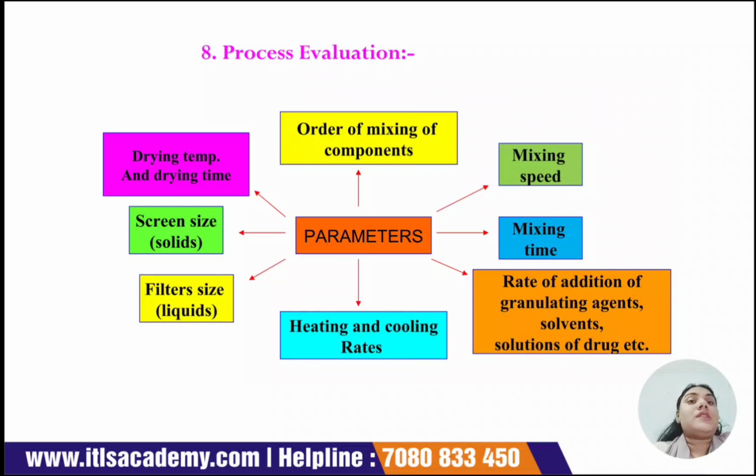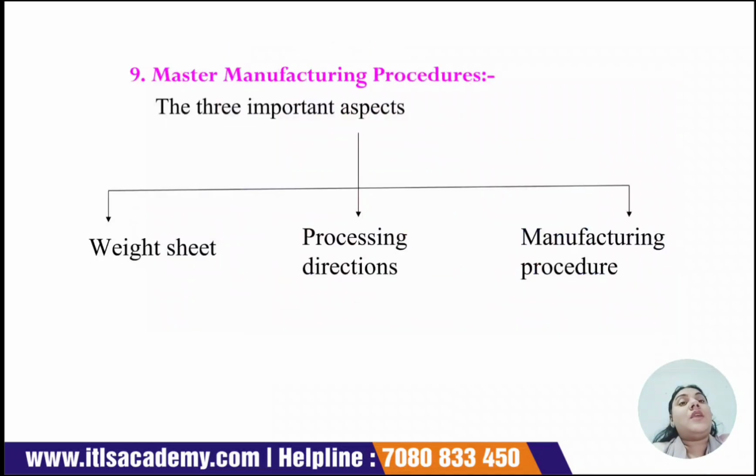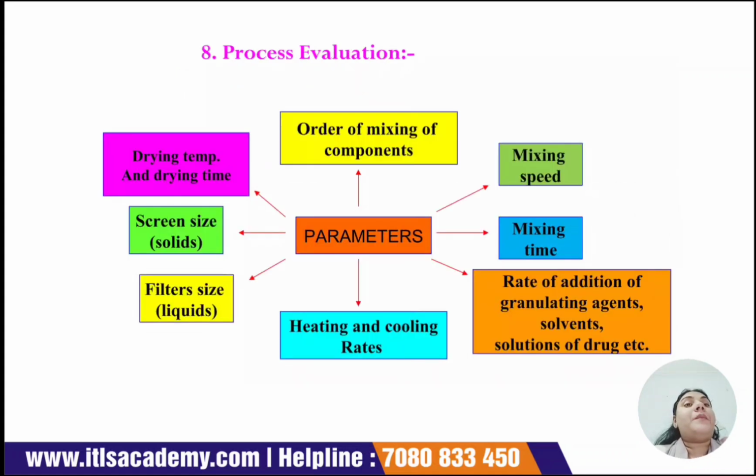Then comes the process evaluation. How does the process evaluation take place, and what are the parameters involved? The first is the drying temperature and drying time. While you produce a medicine or drug in a pharmaceutical industry, it is very useful to know what the drying temperature and drying time should be.